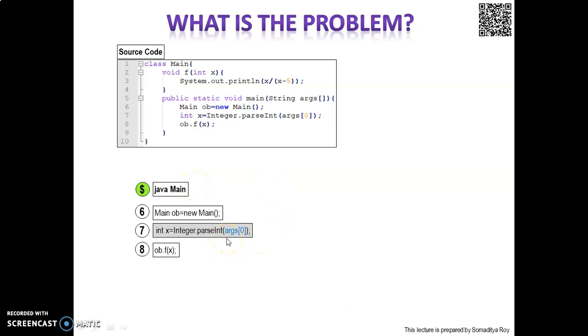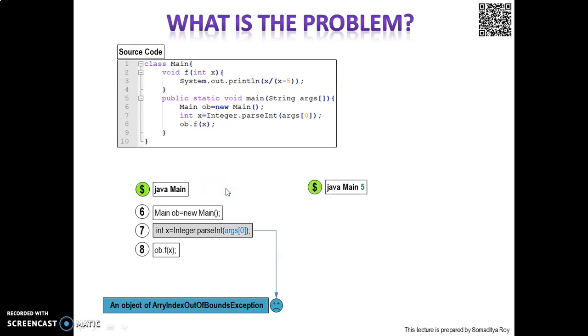Well, at the time of execution it fails. Why? Because Java tries to access some value which is supposed to be there in args[0], but Java won't find args[0]. So immediately it will create an object of ArrayIndexOutOfBoundsException and it will throw that object.